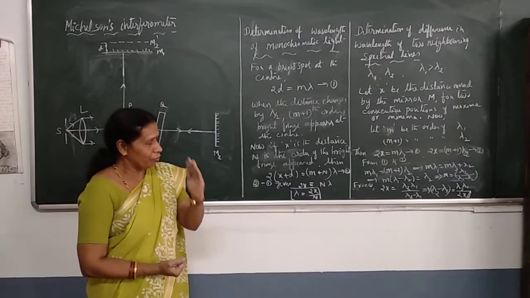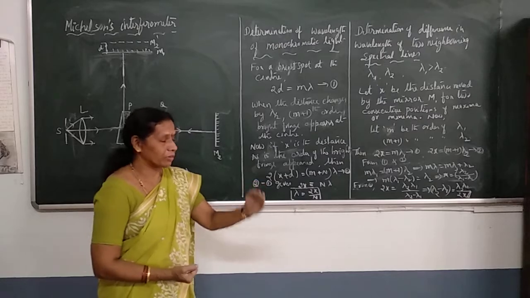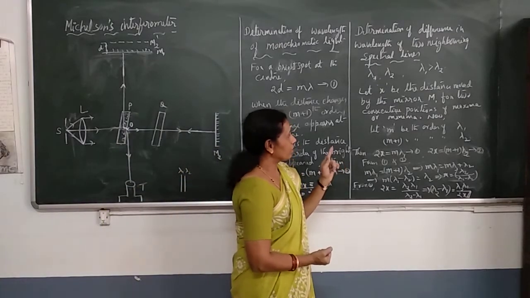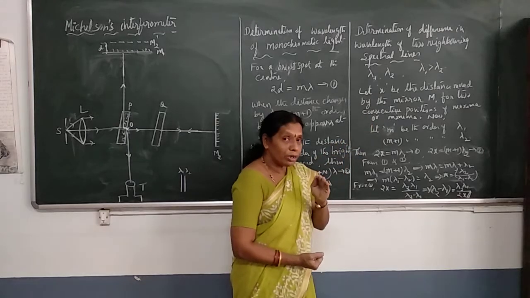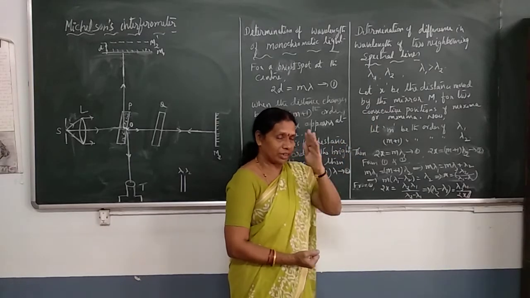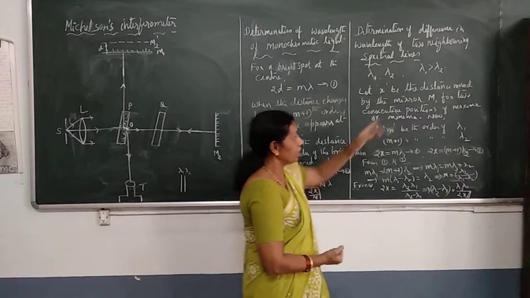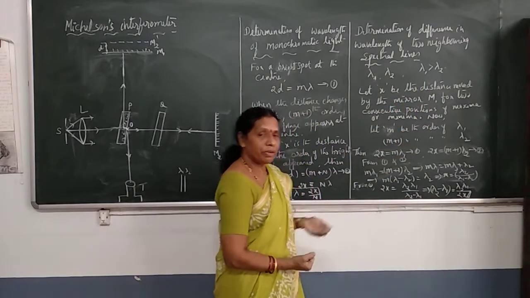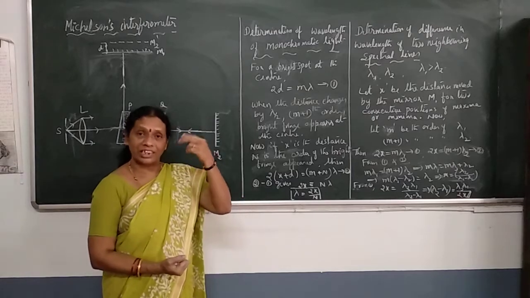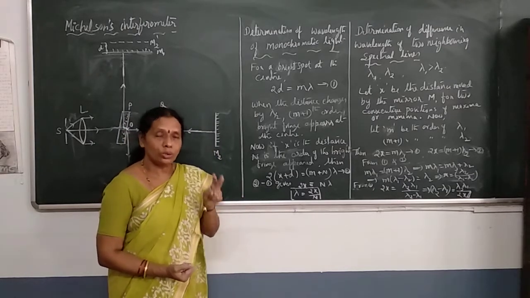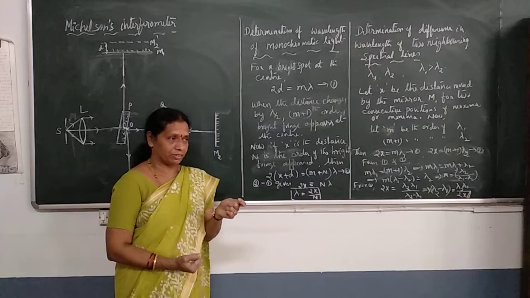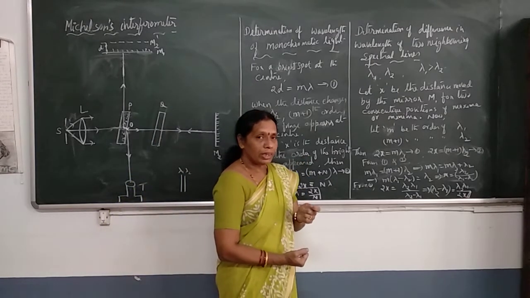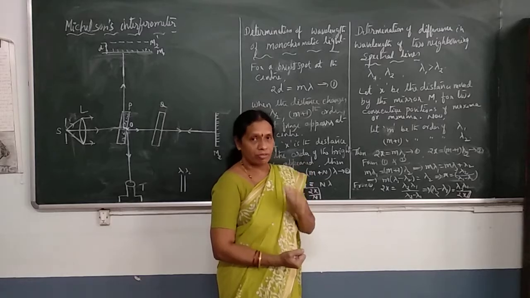Suppose you move to the next distinctness, then the order of the shorter wavelength, here lambda 2, always increases by 1. In between two successive distinctness or two successive indistinctness, the order of the shorter wavelength is always increased by 1.